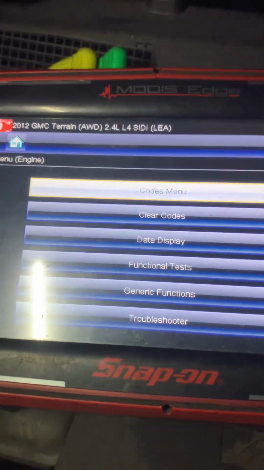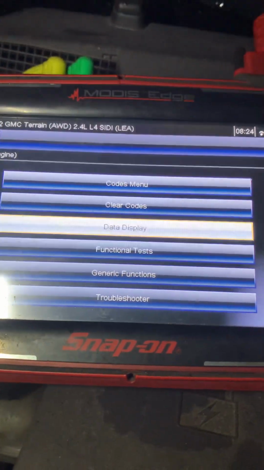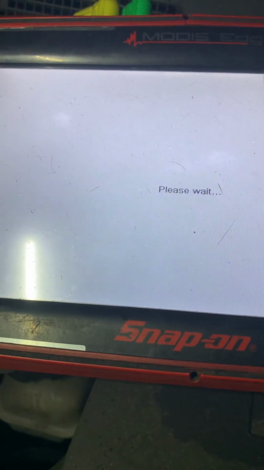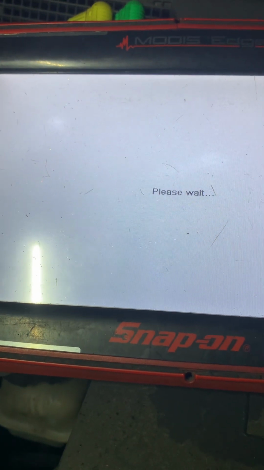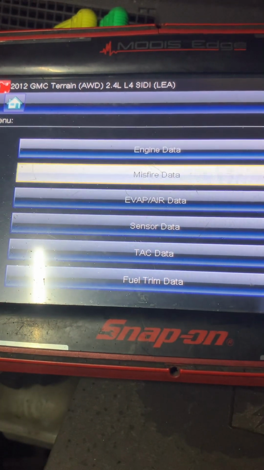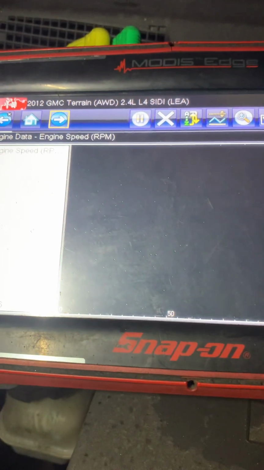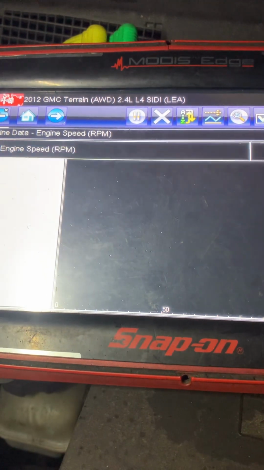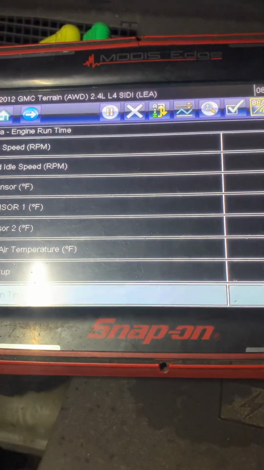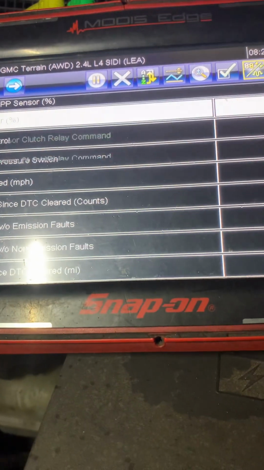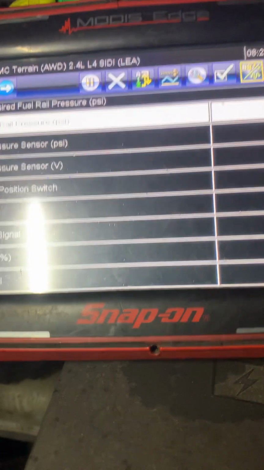We're going to data, and engine data, and right there, switch to PIDs. It's at the end, fuel rail desired.